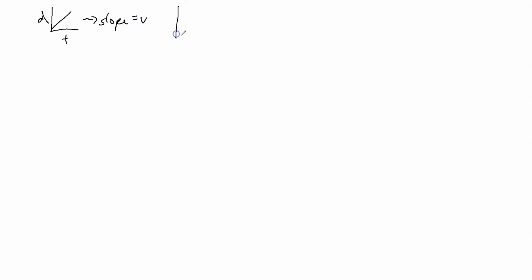You also did curves and made tangents, and you used the tangent slope to give you your instantaneous speed. The same goes for the VT graph: the slope would give you your acceleration, and the tangent on a VT graph would give you the instantaneous acceleration.